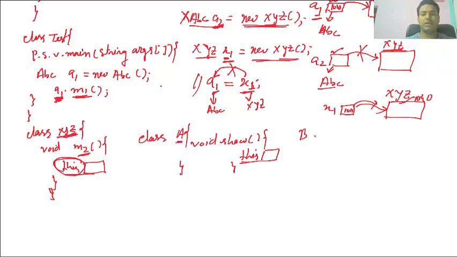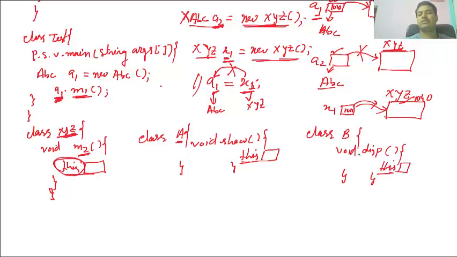Or if I have a class B, and inside B if I have a method void disp, inside disp I have a this, and this is of type B. So this is always of current type. Inside which class you are using this keyword, this is of that class type only. So from this discussion we understood that this is of current type.